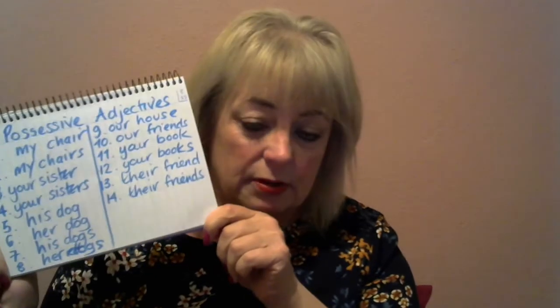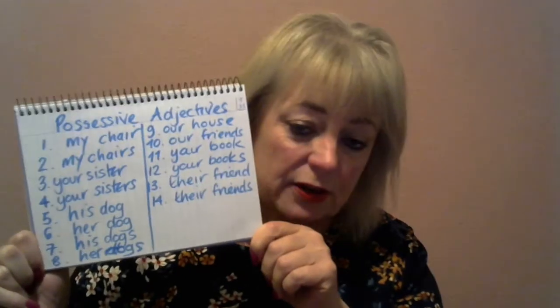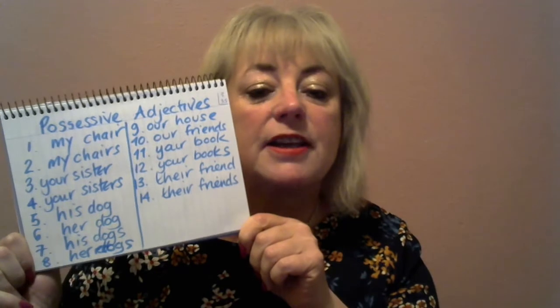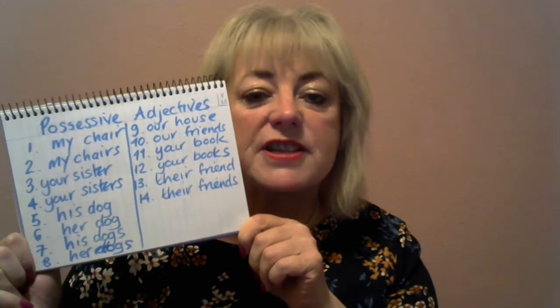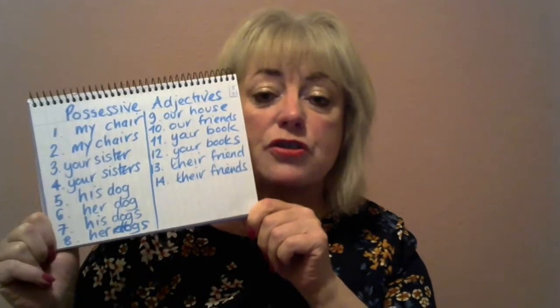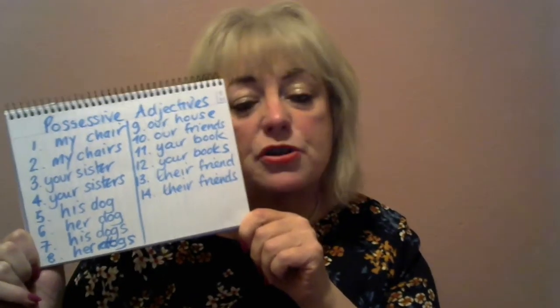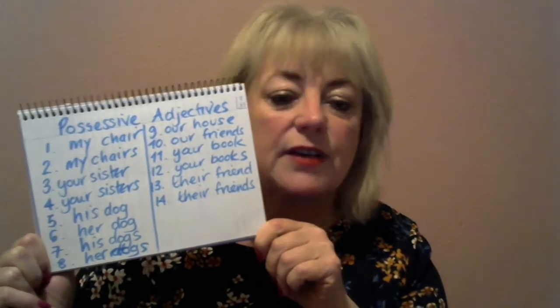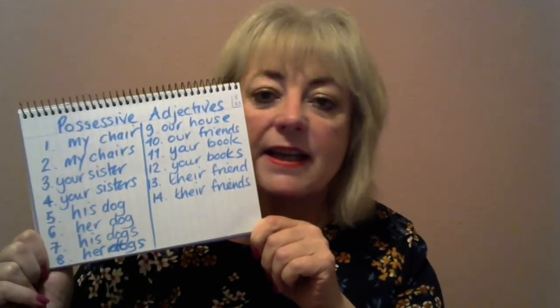These are, well, not really sentences, I suppose they are sentences, but these are what the GCSE test expects you to know, or it says that you should know to be able to do your GCSE successfully. So we've got my chair, my chairs, your sister, your sisters, his dog, her dog, his dogs, her dogs.